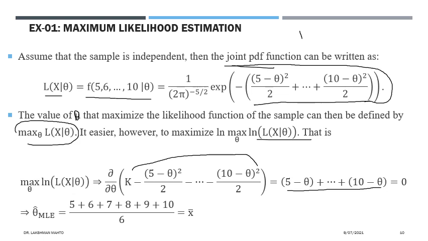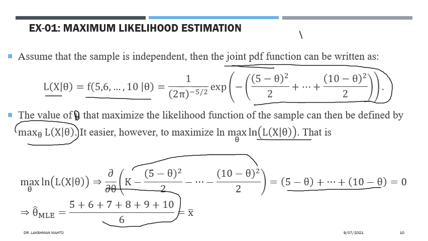That one is the average of the given data points of the data set. Here minus theta is coming 6 times. So 6 times theta equals the sum of 5 plus 6 plus 7 plus 8 plus 9 plus 10. If you simplify, it takes this form.